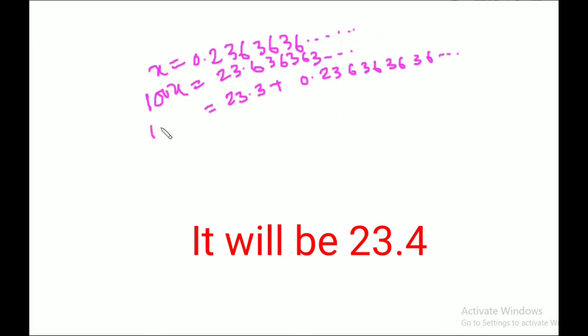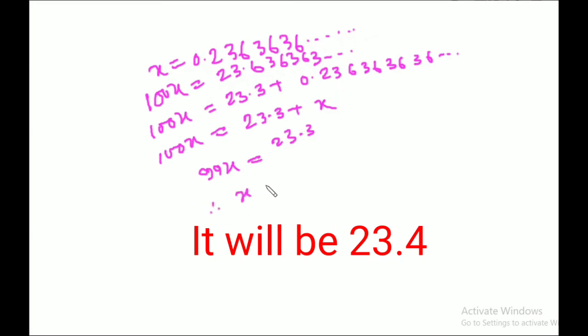So 100x equal to 23.3 plus x, because this is the same as this, so 99x equal to 23.3, or x equal to 23.3 by 99.